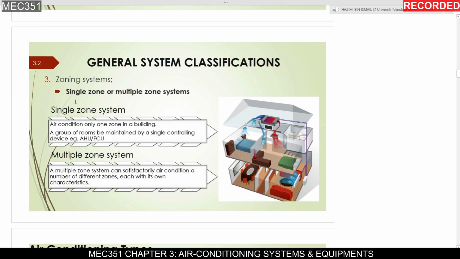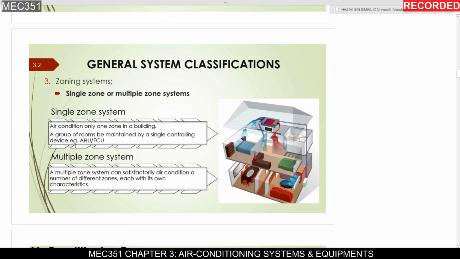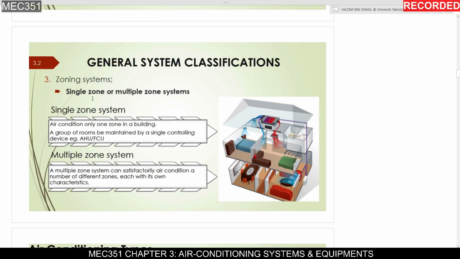So for the zoning system, sometimes we use a single zone or multiple zone system. A single zone system is air conditioning of only one zone in a building, a group of rooms maintained by a single controlling device. Examples are the AHU, air handling unit, and also the FCU, fan coil unit.